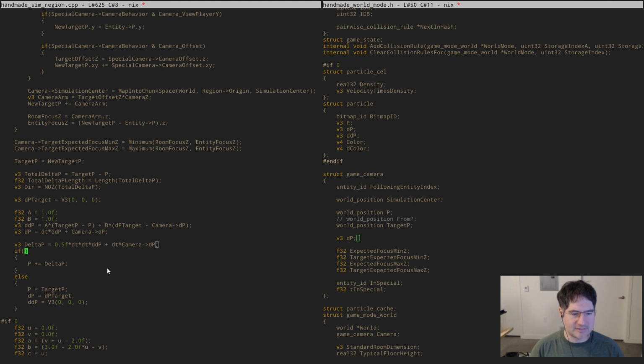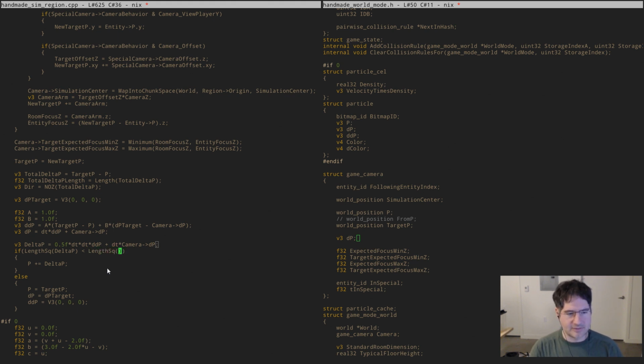If I wanted to take that delta p, what I could do is say, look, if the length of the delta p is less than some amount I don't care about, and I could avoid the square root here by just saying, if the length squared is less than some epsilon, right? Or, sorry, if the length squared is less than the distance to the target.